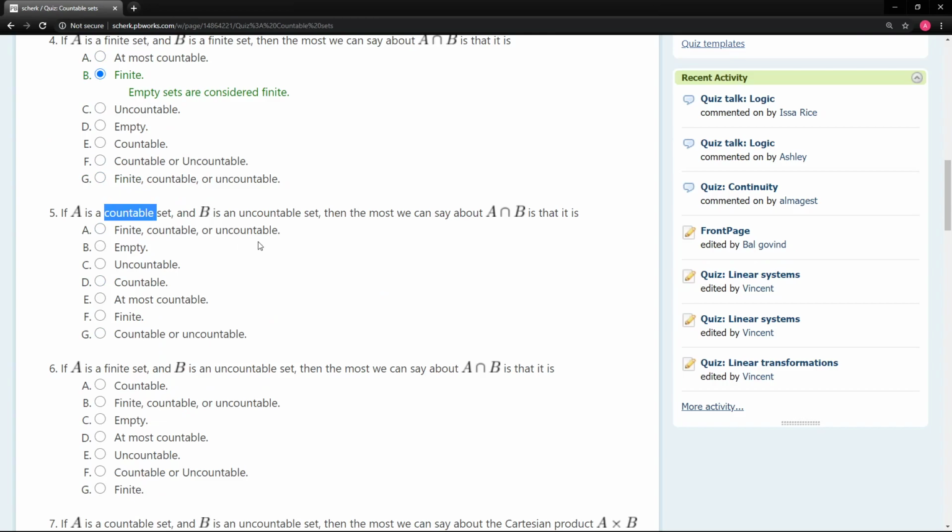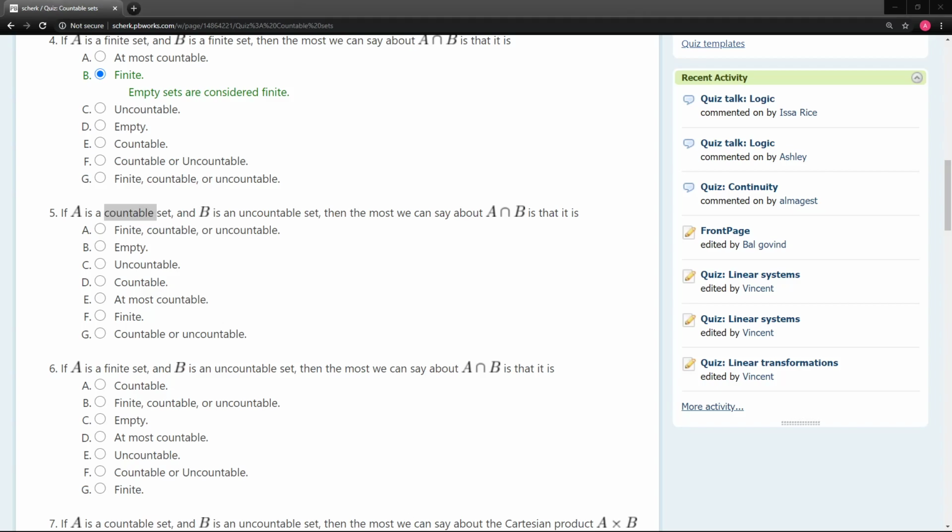A is countable, B is uncountable. What can we say about the intersection? Well, I think a lot of people might have jumped to the conclusion that it's going to be the smaller thing, right? So if you have countable and uncountable, it's definitely going to be the thing that's less, which is countable.